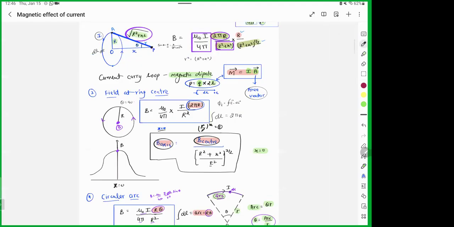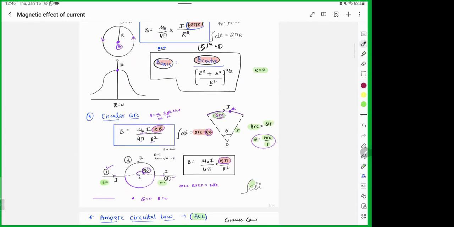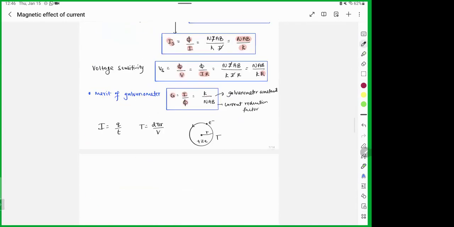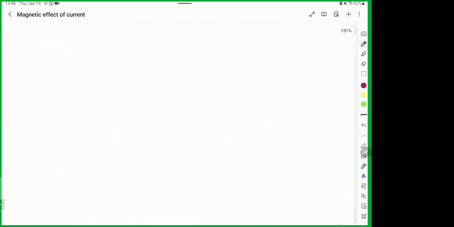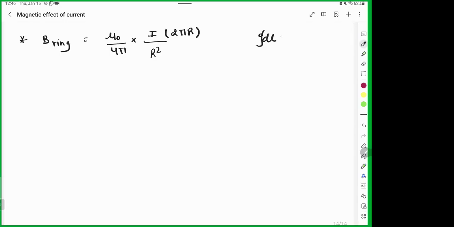For this, you should know what happens in the case of the ring and in the case of the axis. For example, the magnetic field for the ring will be equal to nu naught upon 4 pi, I by r square, and dl integrated will be 2 pi r.